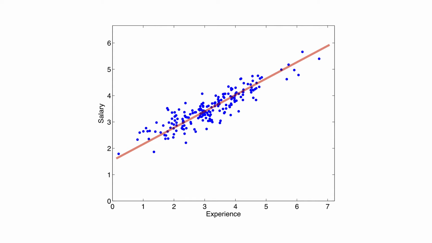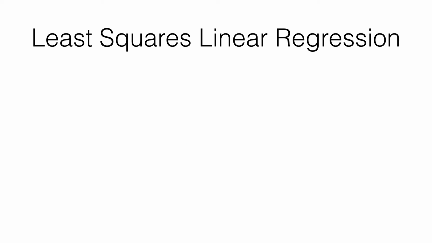And usually the way people try to fit one of these lines is to do something called least squares linear regression. So the idea here is that we have a function that's going to predict the continuous output just by multiplying the input by some coefficients.